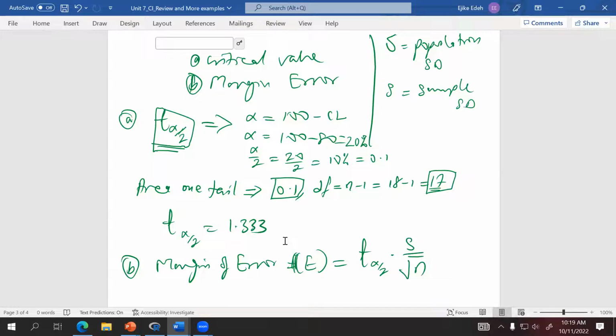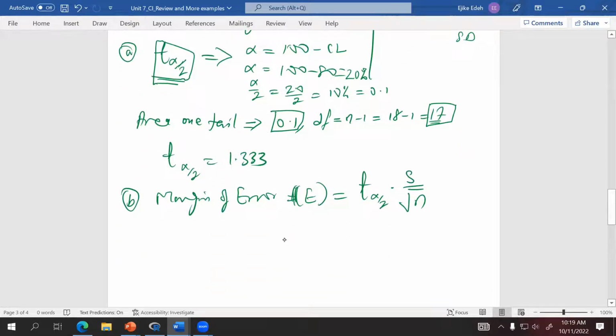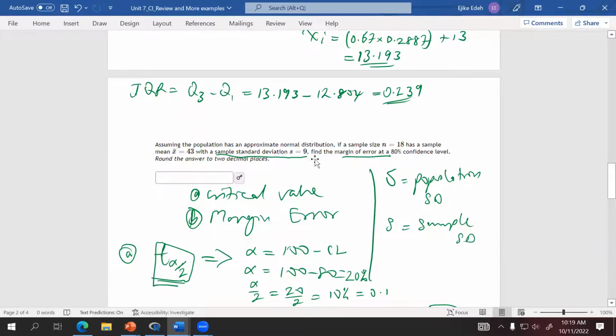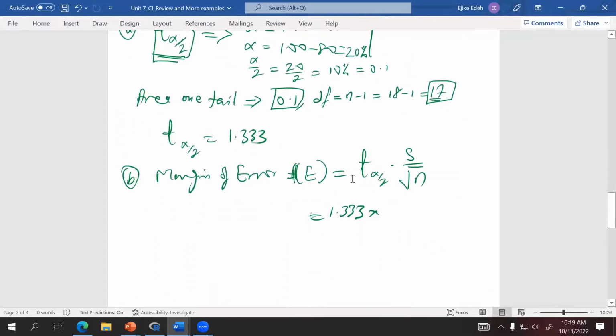So I'm going to plug in here to finish up this one. The critical value we've gotten to be 1.333, times the standard deviation from this question, which is 9, divided by the square root of the sample size, which is 18.